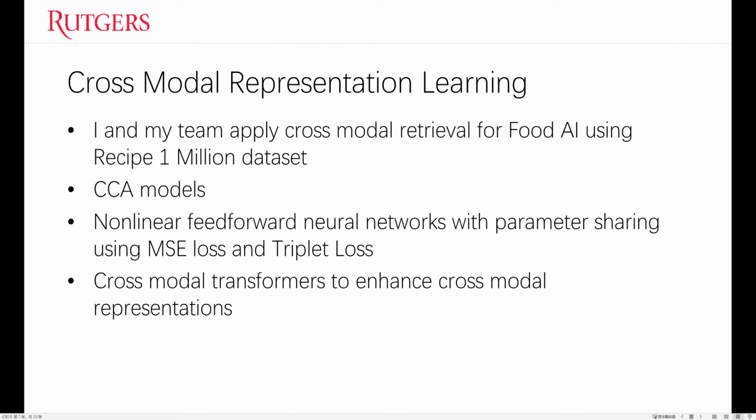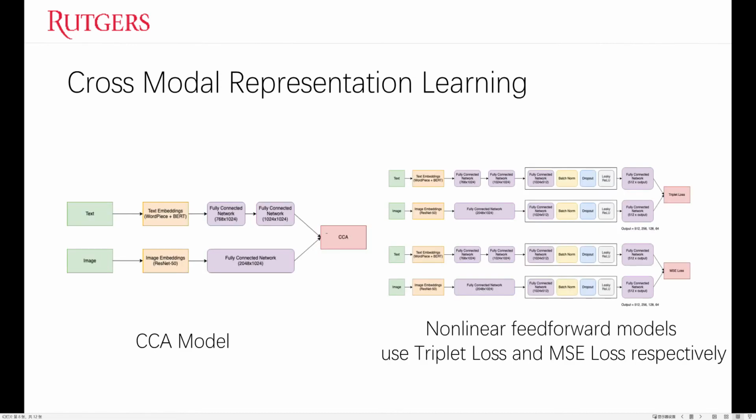The first one is CCA models, the second one is nonlinear feed-forward neural networks, and the third one is cross-modal transformers. Here are my first two structures. We can see I use CCA in the first structure to do the cross-modal learning.